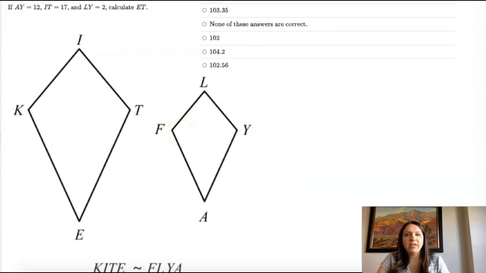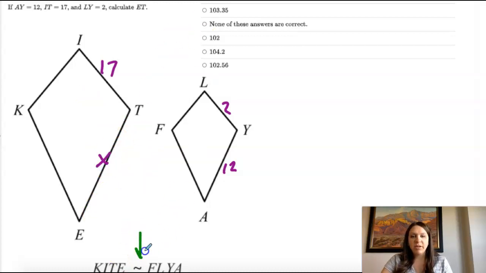I'm looking at kites. Again, I'm going to label what I have. So AY is 12. IT is 17. LY is 2. And we're calculating ET. So this one, I'm just going to make sure this lines up using the similarities.